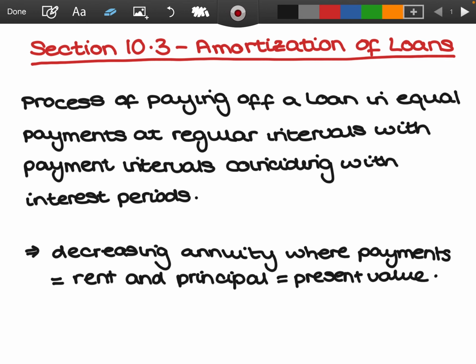Okay. I'm going to do a couple examples to show this. You can also do this using the TVM solver on your calculator, exactly the same as we did in the last video. The only difference is, remember that we said if you are paying the bank, it goes in as a negative. If the bank is paying you, then it goes in as a positive.